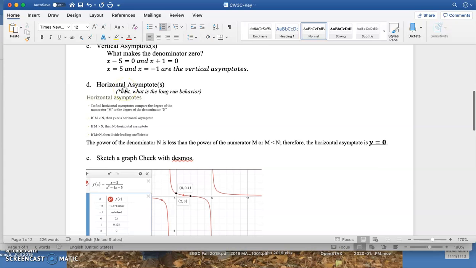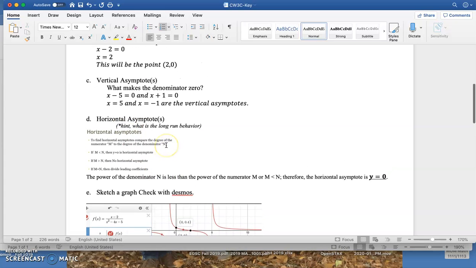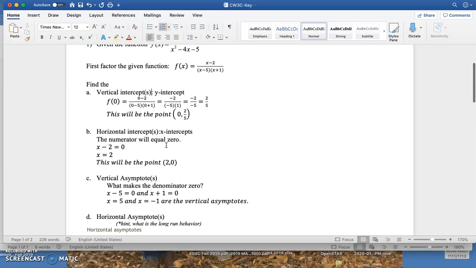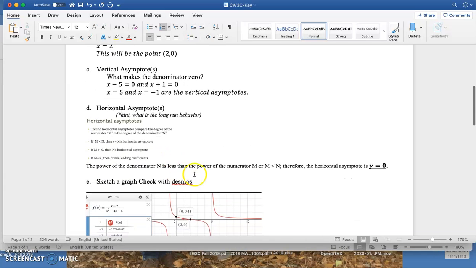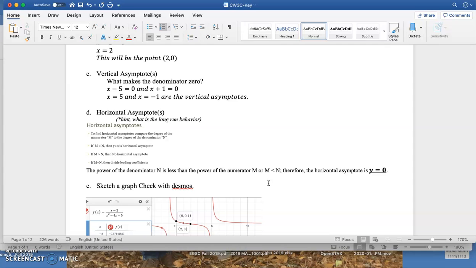In this particular problem, the power of the denominator, which is 2, the highest power, is greater than the numerator's, which is 1.